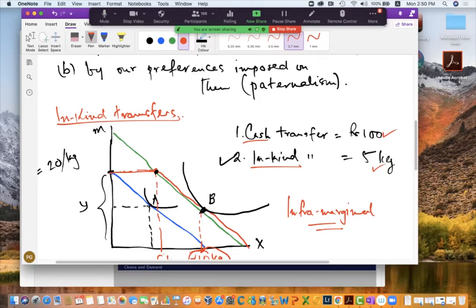In-kind transfers like the PDS that we have, there are lots of leakages and inefficiencies and extra costs. Some of the grain is diverted by unscrupulous fair price shop owners. Then you have extra costs because the FCI has to build godowns and store it there, and sometimes rats eat it and so on.